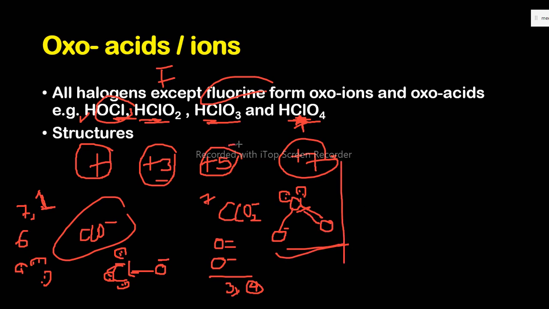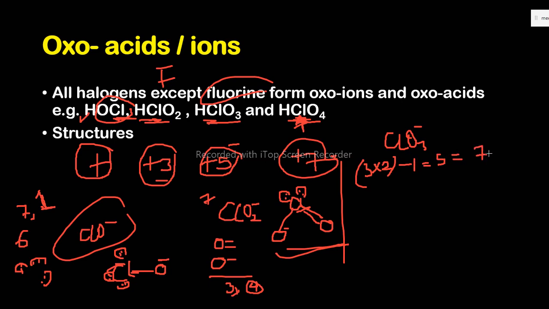Then for this one, you can see it has used 5 electrons to covalently bond with oxygen. It is ClO3 minus. There are 3 oxygens, and each oxygen can take a maximum of 2, but it has 1 charge. So it has used 5. How many lone pairs does it have?